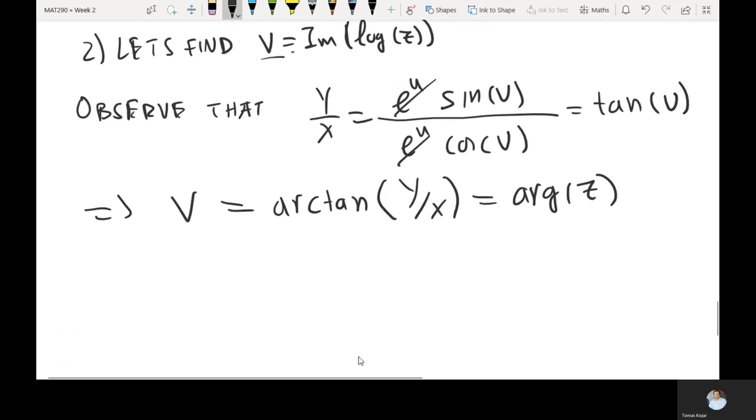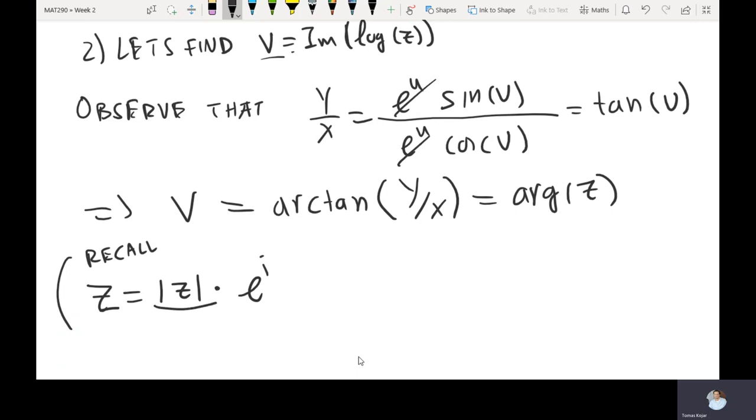So just to remind you, we have z is equal to the modulus of z times e to the i argument. So recall, z has the following formula. It's equal to its radius times its phase.